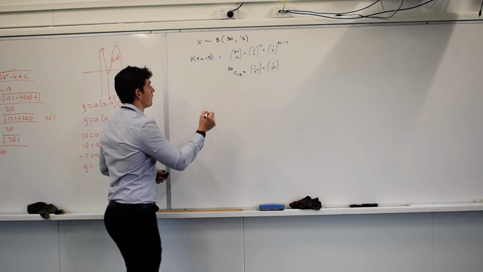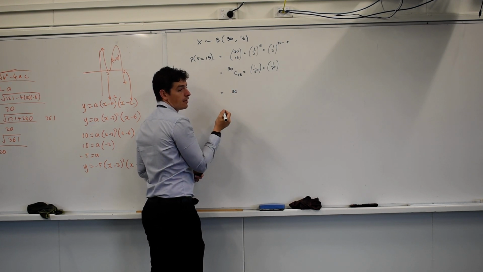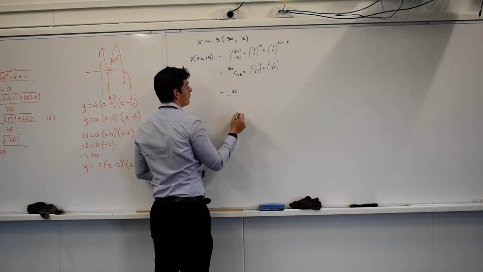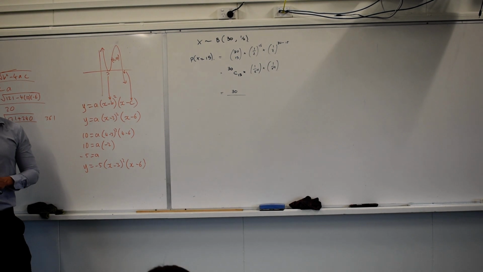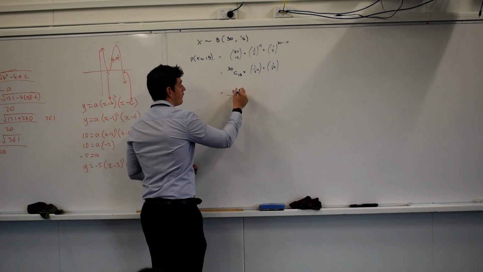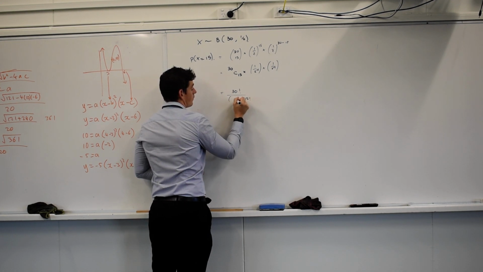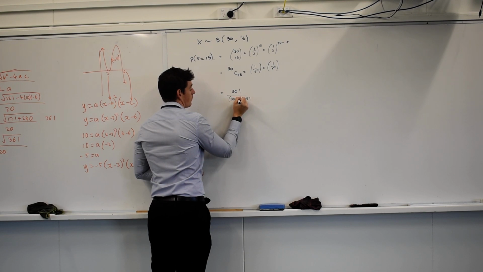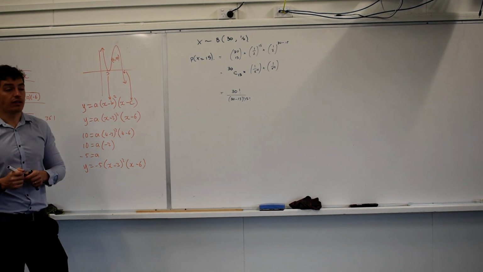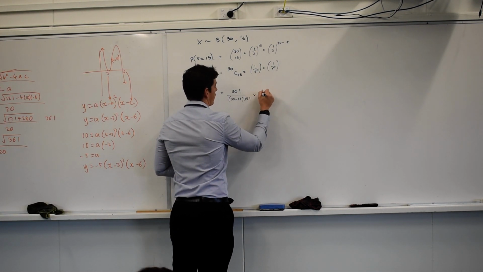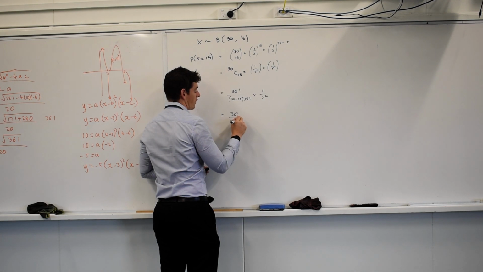What does that 30C15 equal as a fraction? 30 factorial divided by 15 factorial times 30 take 15 factorial, which is 15 factorial, correct? Okay, and we just have 1 over 2 to the power of 30, times 30 factorial divided by 15 factorial times 15 factorial.